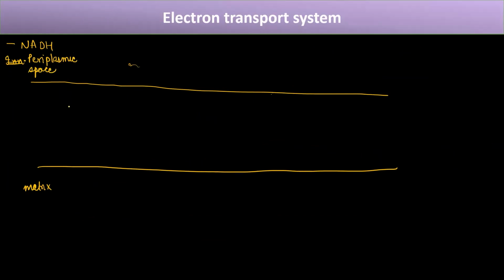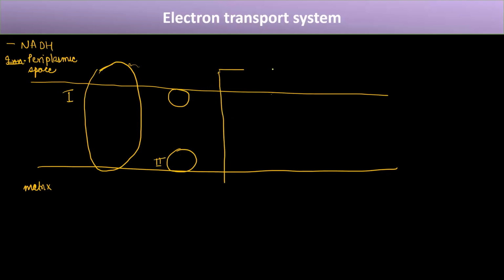Now the complexes that I mentioned, first, second, third, fourth, fifth, are located something like this. So this is your first complex. This one is your second complex. Now you will have the third complex.